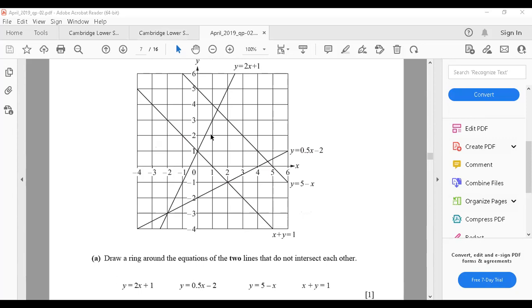The lines y equals 0.5x and y equals 2x. So you mean this line and this? No, they intersect. Exactly, they intersect here.